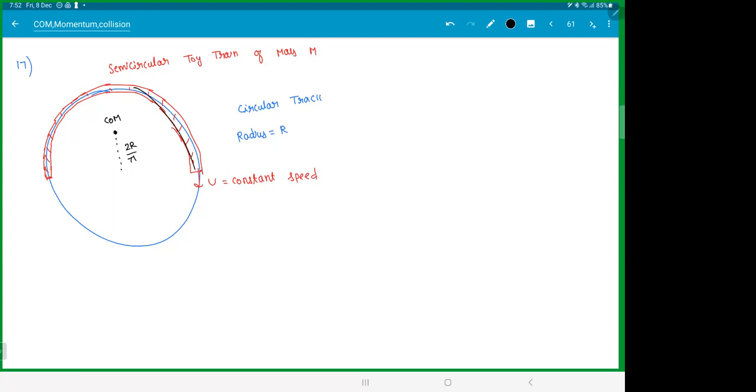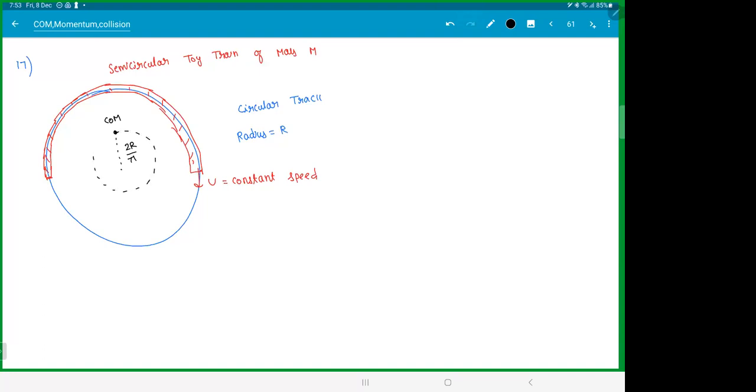So when the train goes from here to here, what will the center of mass do? Let's say when the train becomes like this, what will happen to the center of mass? Center of mass also will go like this, no? Yeah. So basically, if the train is going in a circle of radius r, the center of mass goes in a circle of radius 2r by pi.